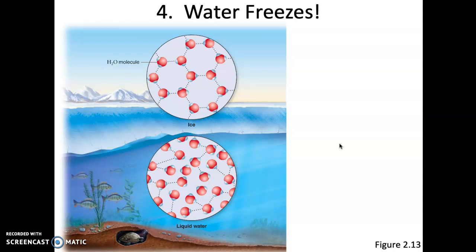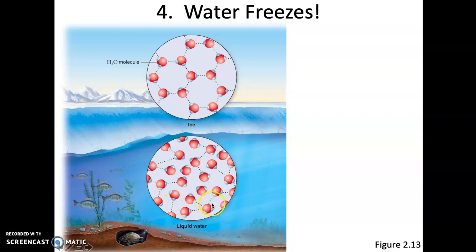Now, this one's very cool. We know water freezes. That's correct. Water freezes, and what happens is that the distance between the molecules changes. I'm going to say it again. The distance between the water molecules changes. So look at what these molecules look like in a circle here of liquid water.